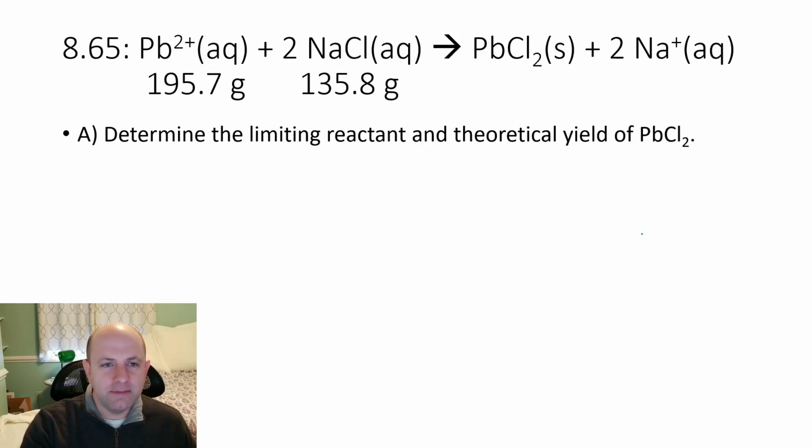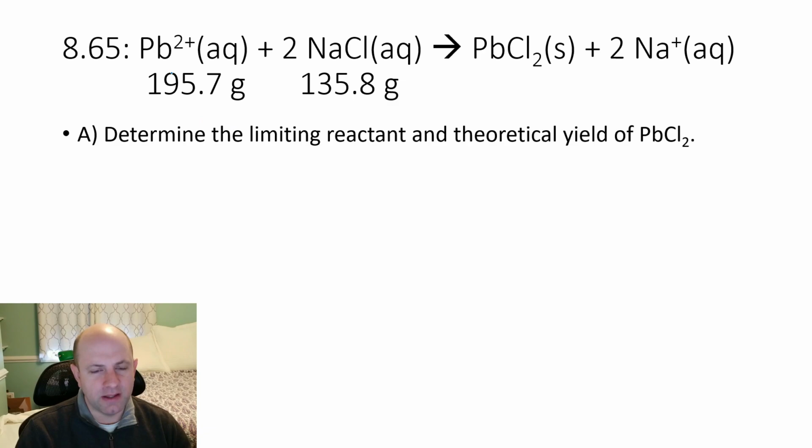This is problem 8.65 from the text, where we've got a reaction of lead ions with sodium chloride that will make solid lead chloride and some sodium ions. They took 195.7 grams of lead ions and added 135.8 grams of sodium chloride.